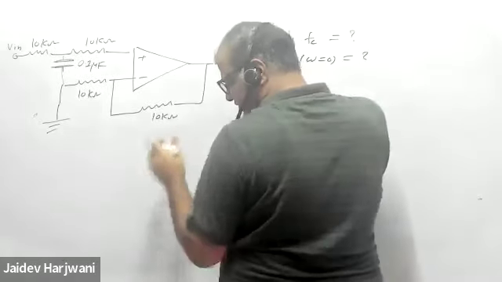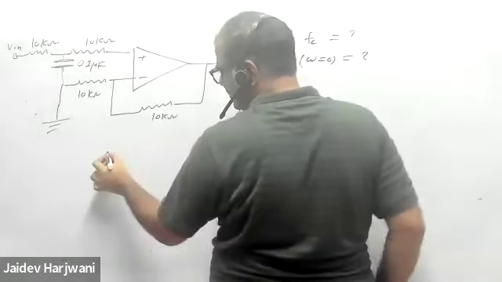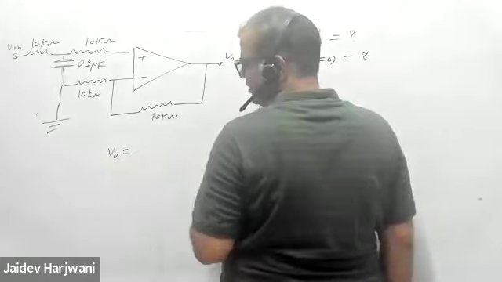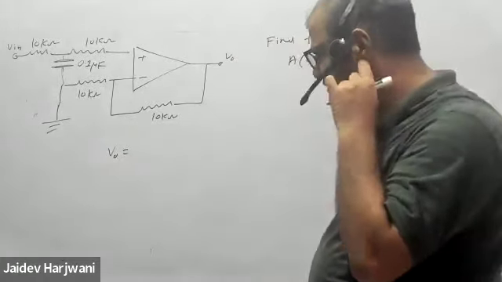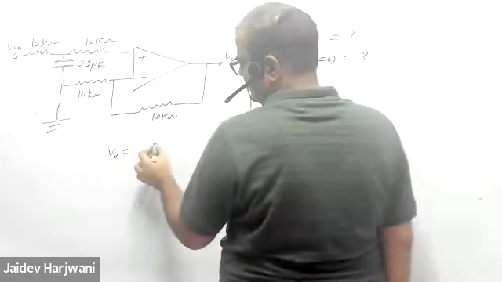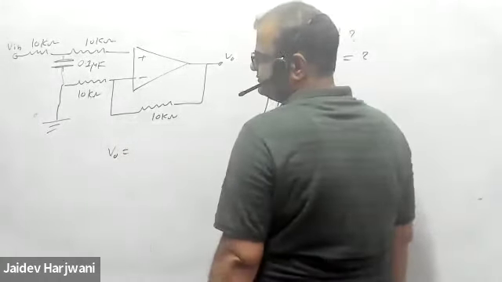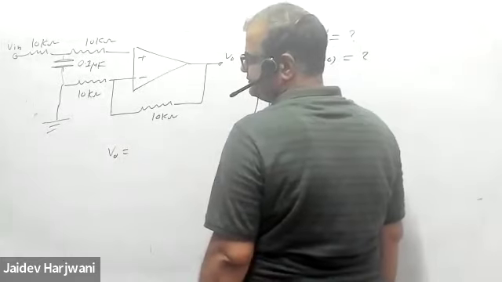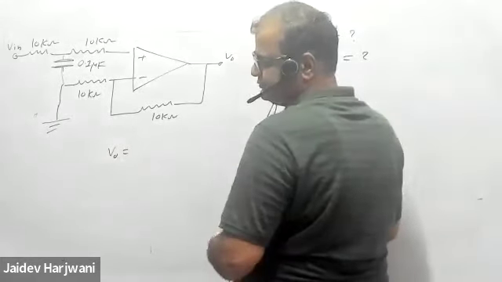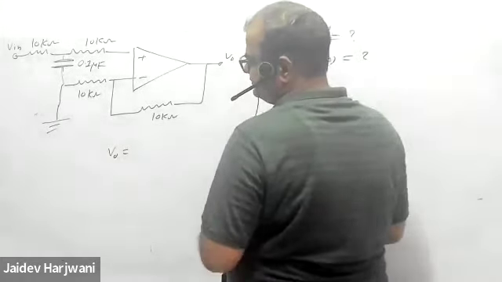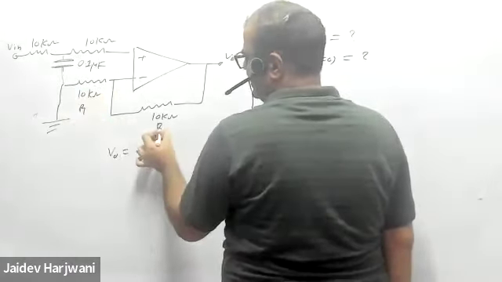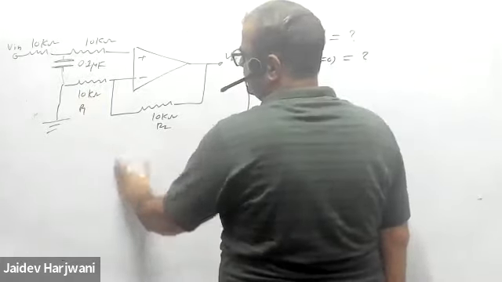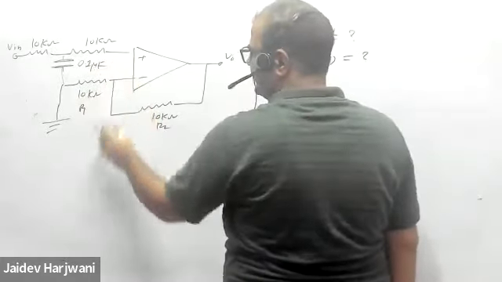Directly you can write the formula. What is the formula for V output? Tell me. For low pass filter, non-inverting, what is the formula? Say this is R1, say this is R2, and I'm applying it non-inverting.